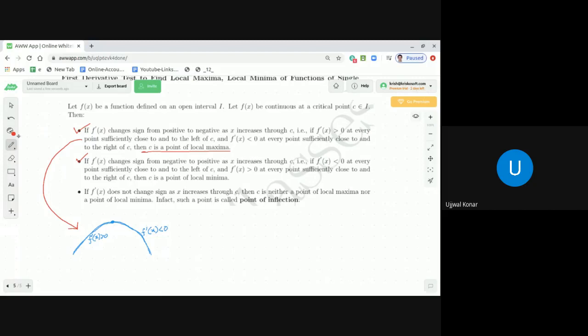Dear students, let me give you a visual representation so that you have a very clear understanding. Let me draw this curve in green color.